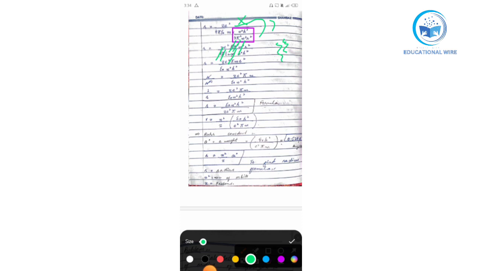So what remains is r equal to z square pi m r square upon epsilon naught n square h square. Now we were having the value of r.